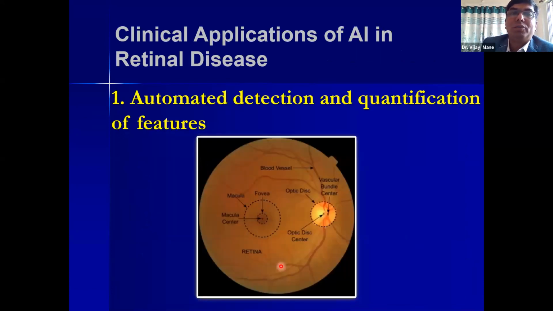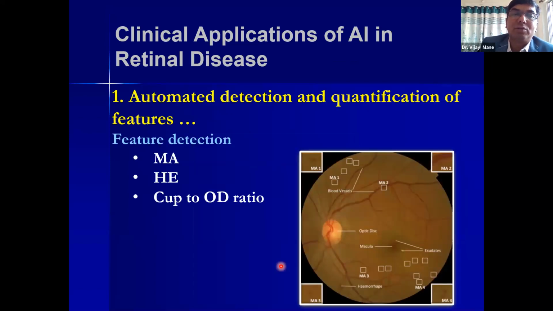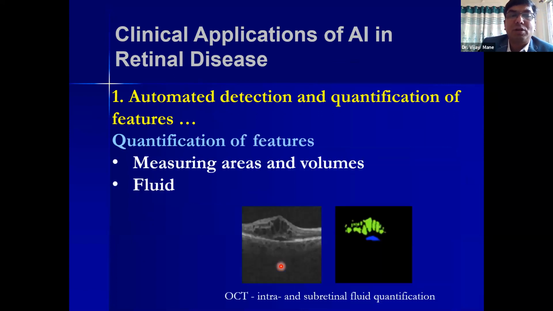Where you can apply deep learning and AI is the automatic detection and quantification of these features. Accurate quantification is very important, such as the size of the lesions and the prediction of the cup to optic disc ratio. So that is feature detection and quantification.